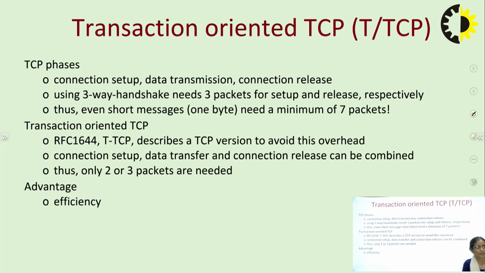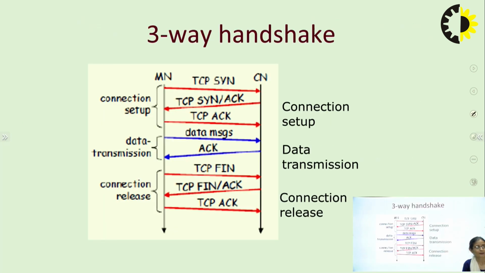describes a TCP version to avoid this overhead. Connection setup, data transfer and connection release can be combined into one, thus only 2 or 3 packets are needed. If we go for the 3-way handshake, the MN will send a TCP SYN packet to the CN.